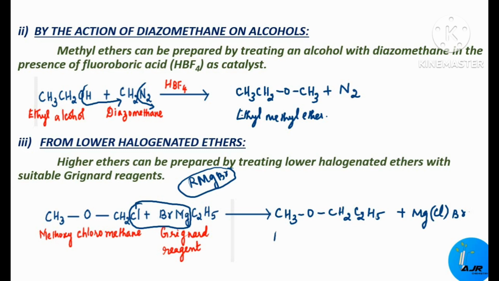So what is this? This is methoxypropane. So methoxypropane is the major product. So we are getting the higher ethers from lower ethers.